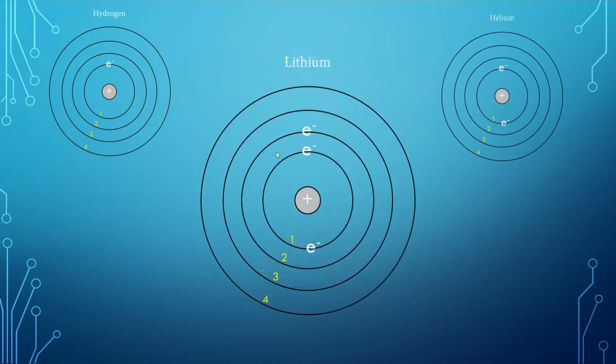If we go back to the beginning of period number 2 with lithium, lithium has only 1 valence electron. These 2 electrons here are in an internal or an inside level. Valence electrons only look at the ones in the outermost occupied level. So lithium and hydrogen actually have that in common. They each have 1 valence electron.